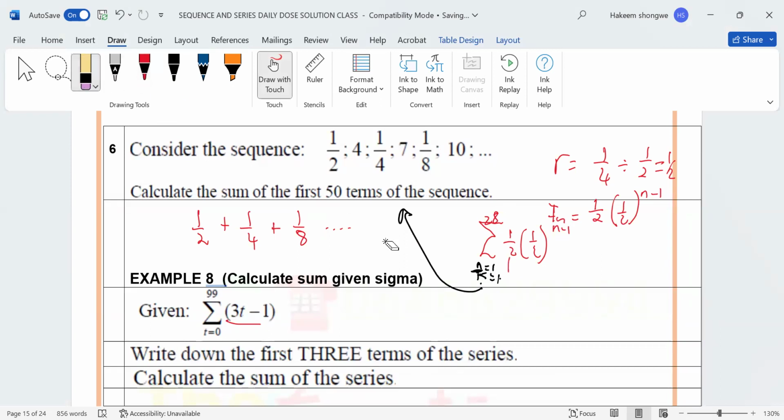If it's n, it should be n. So you are calculating the sum of the series starting from n is 1 up until you get to 28.